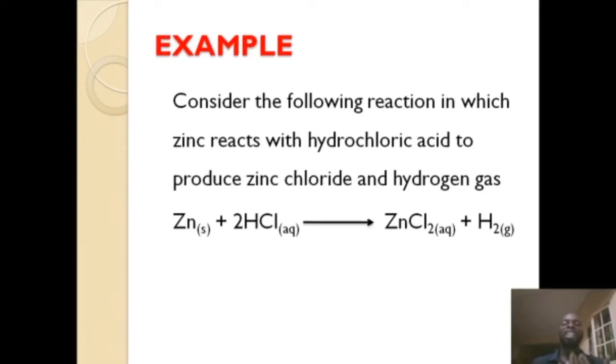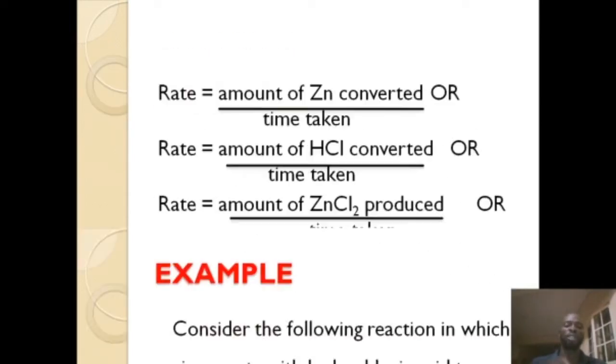Now, for us to calculate the rate of this reaction, there are 4 possible equations with which we can ascertain the rate of these reactions. So let's look at these 4 equations.